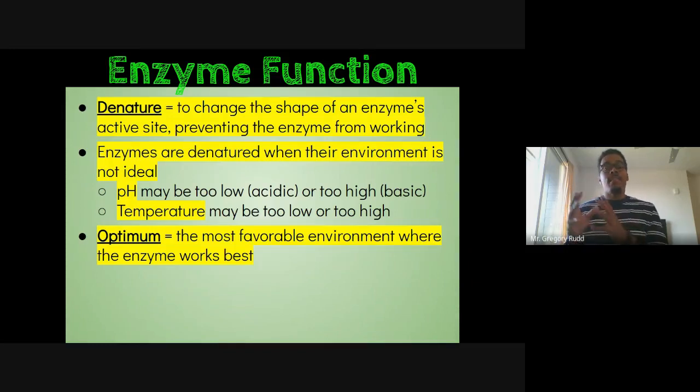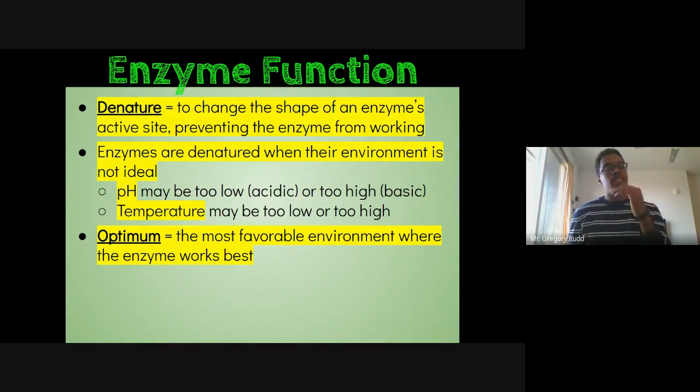But in any case, if I take an enzyme and I change one of those conditions, eventually, if I change it too much, that enzyme will become denatured. So if I've got an enzyme that prefers a really hot temperature and I cool it off, that enzyme is not going to work anymore. It will be so damaged that its shape will no longer be able to accommodate the substrate. Its active site is no longer going to work.